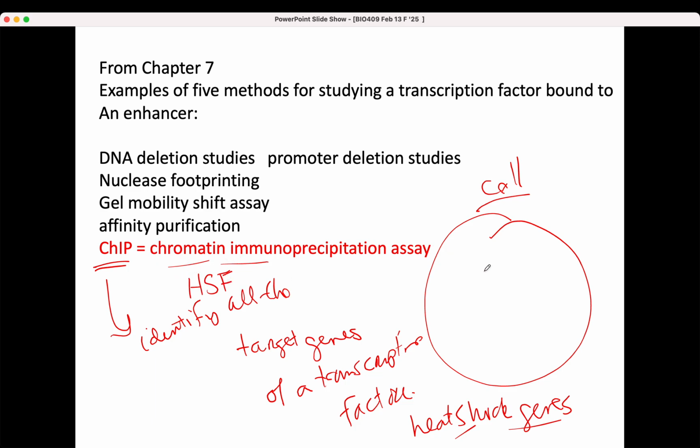You start out with a living cell. And what you need is a way to bind this transcription factor. So you have to take some of the purified transcription factor that you isolated with affinity purification, and you need to make an antibody.